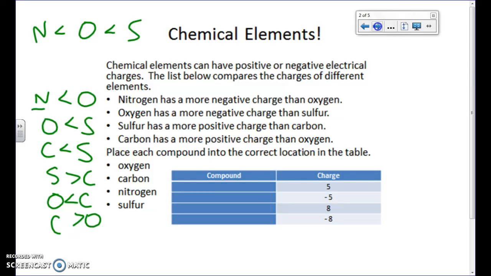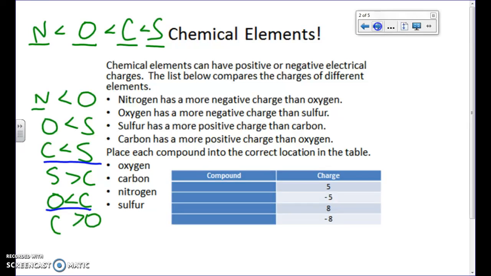So carbon must be somewhere in between oxygen and sulfur. So it must look like that: nitrogen the smallest, oxygen second smallest, carbon third smallest, sulfur fourth smallest on charge.